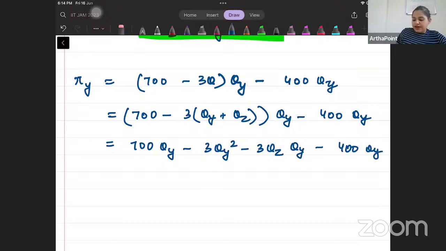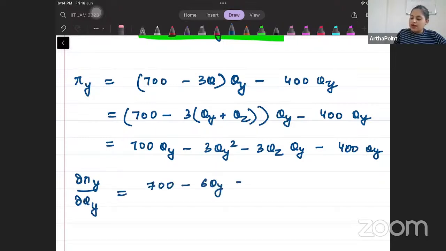If I find his best response, differentiate with respect to QY, you will get 700 minus 6 QY minus 3 QZ minus 400 equal to 0.